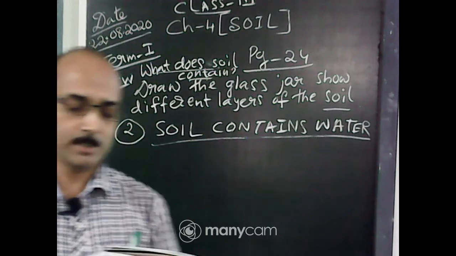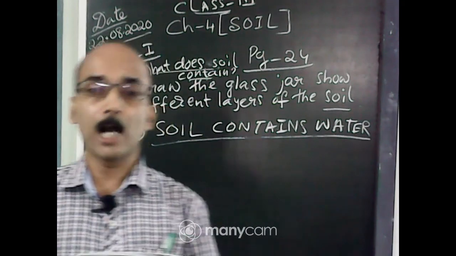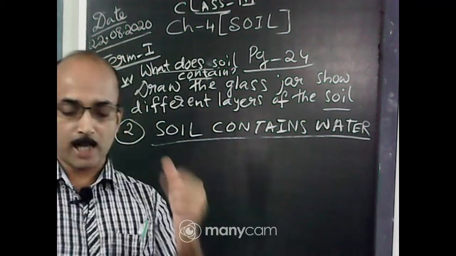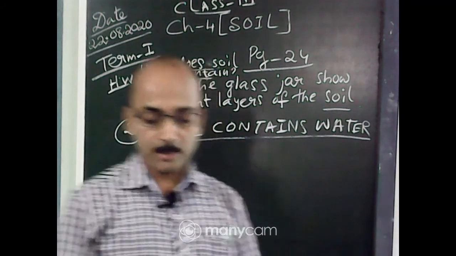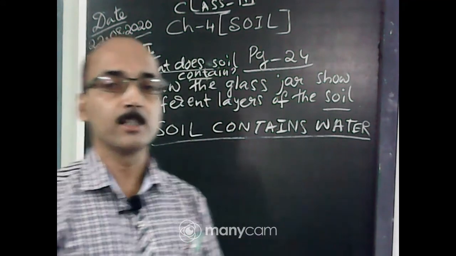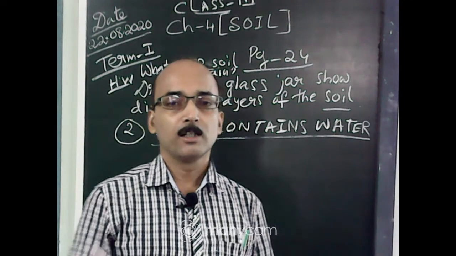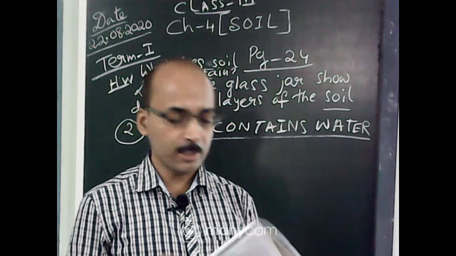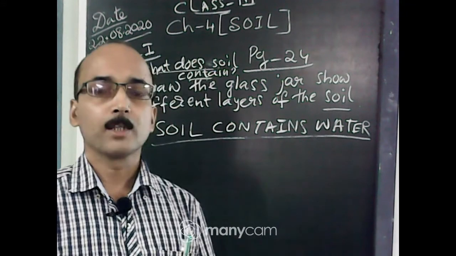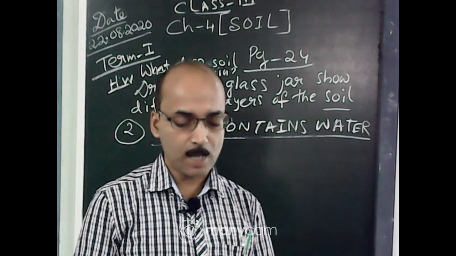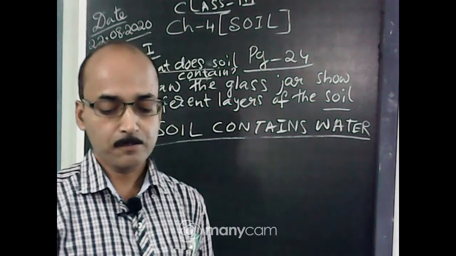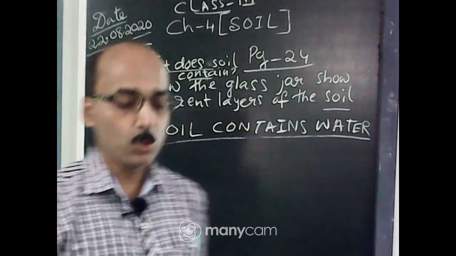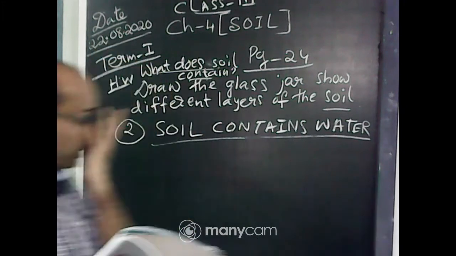See, soil contains water. What is it telling? Take some garden soil in a container. So you have to take a handful of garden soil in a container, cover it with a lid, then heat the container for some time. Then open the lid, we see drops of water on the lid. So, this is a very easy experiment.